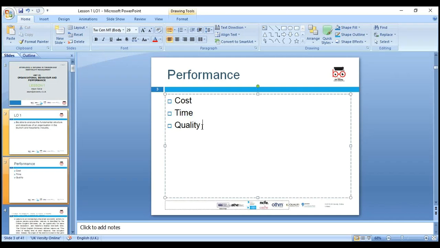But also what is the satisfaction level, and the quality of the work. Somebody delivered it quickly, or somebody delivered it and the cost was less, but the quality wasn't good. Then ultimately it's not good performance.